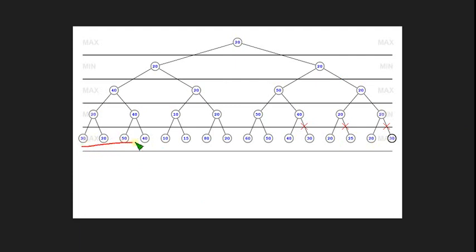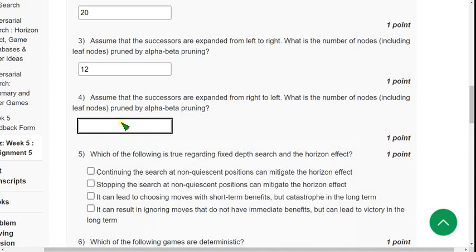So if we do it like this, we get only 1, 2 and 3. Only 3 nodes got pruned. So for this fourth question, I think the answer is 3.